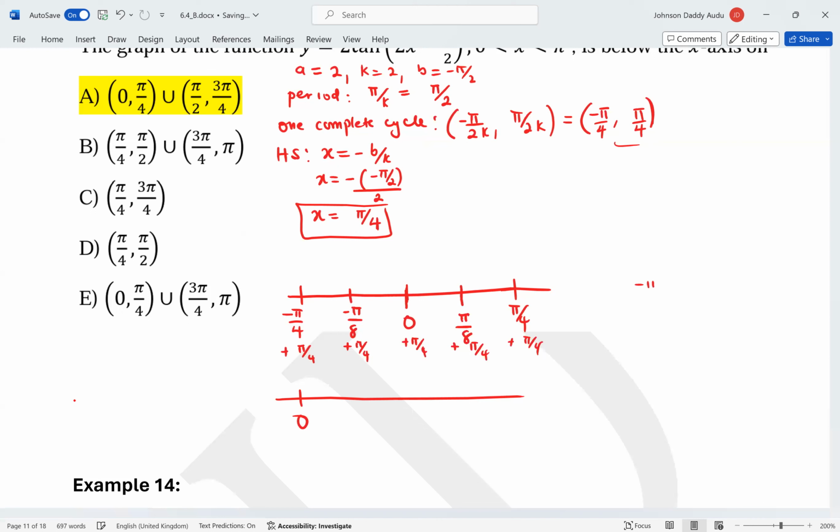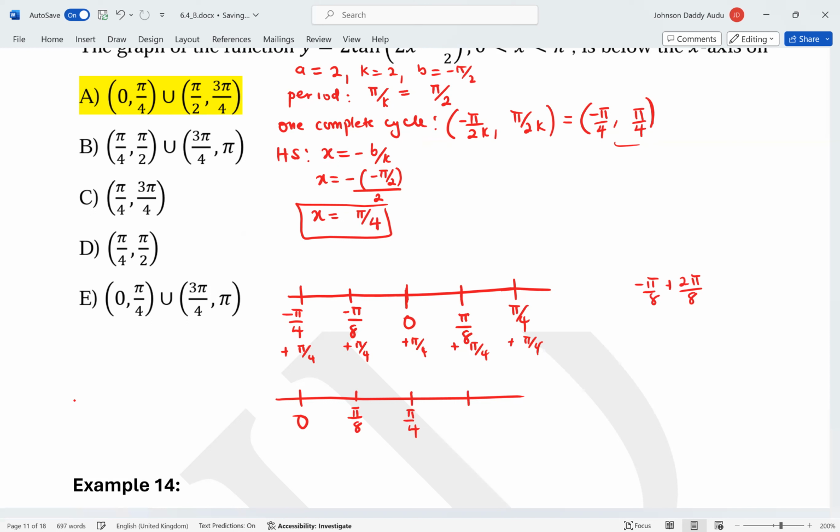So we'll have minus pi over 8 plus 2 pi over 8, yes? And this is just going to be pi over 8. So here will be pi over 8. And here will be pi over 4.